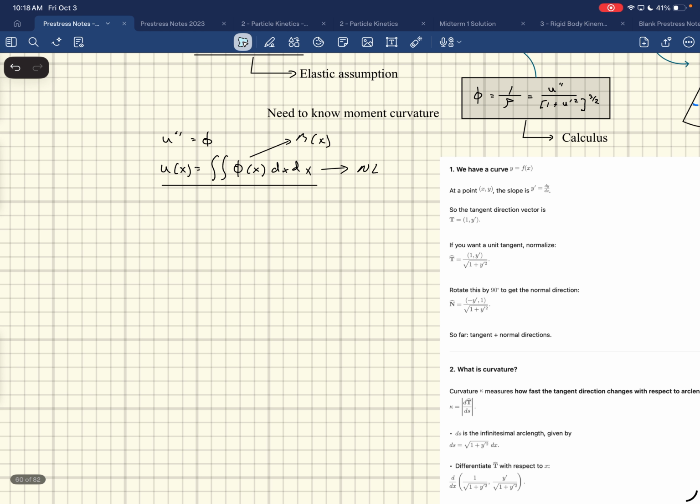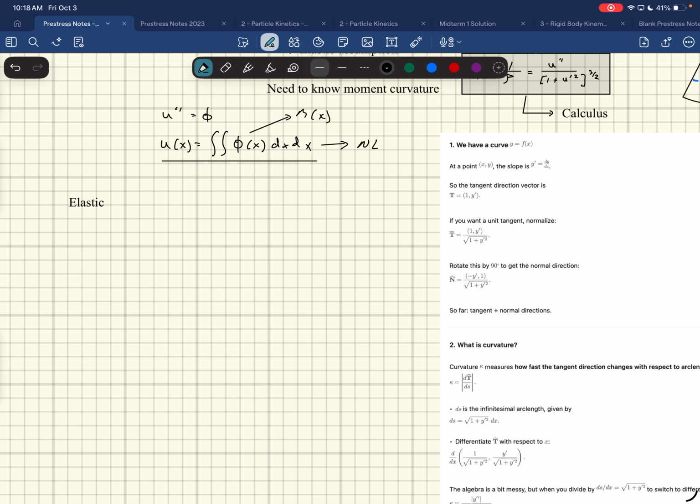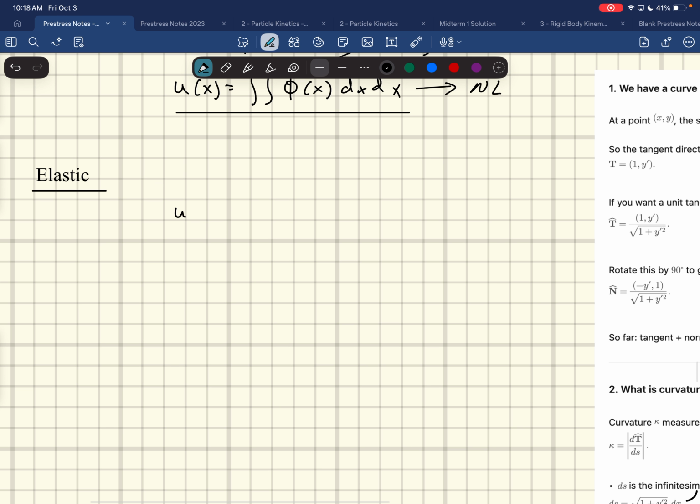So then just to finish it off on this elastic, and then we'll move on to show you what you really will do. I always find this interesting because there's method behind all of this. If it's elastic, then like I said right here, u prime is equal to the curvature, which is equal to M over EI. So EI u prime is equal to M as a function of x.